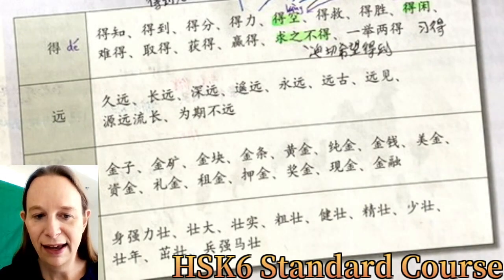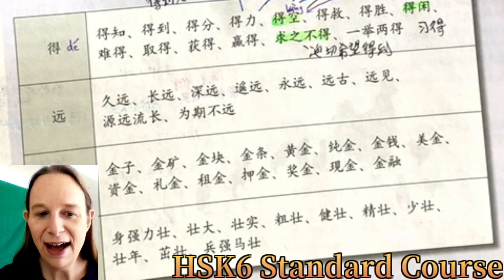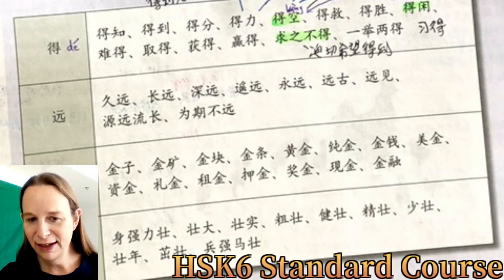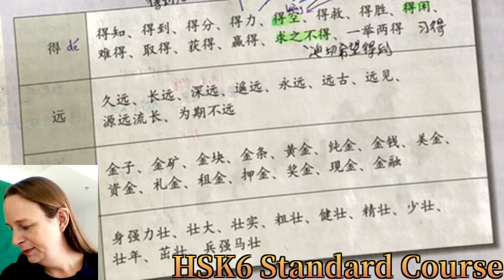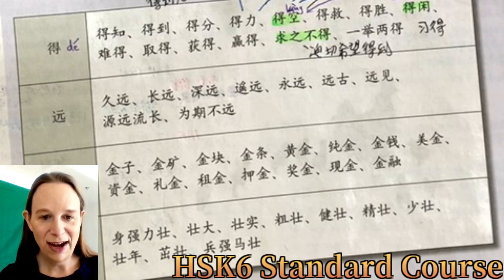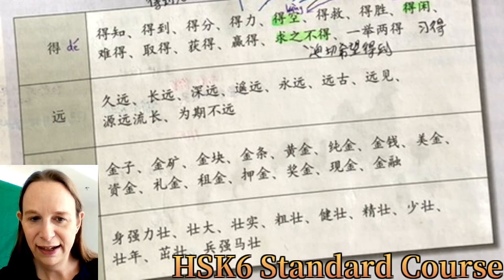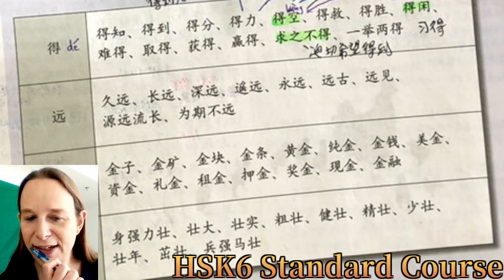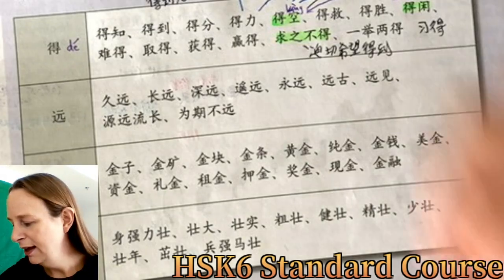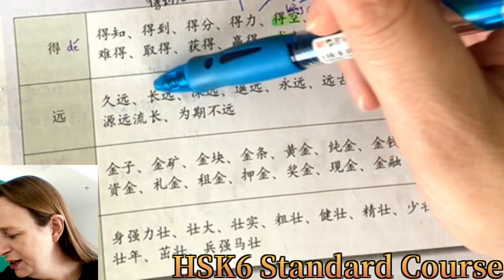Next is 远 meaning far with respect to both time and distance. Let me think, it is time though, you say 长时间 and 远距离, maybe 长 is better for time. 久远, 长远.